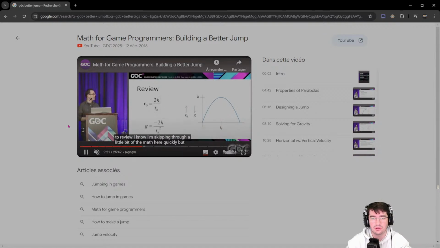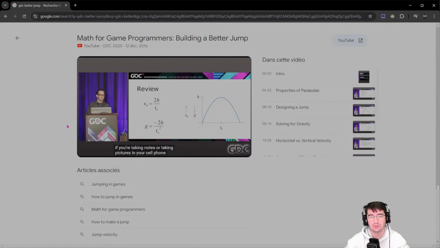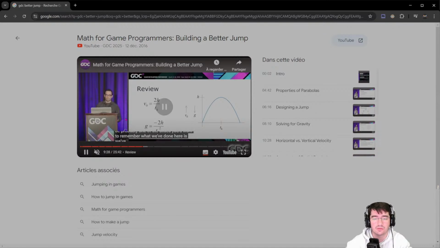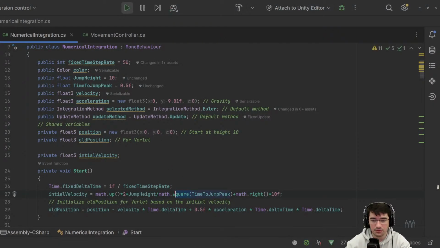v0 is 2h over time, and gravity. So I'm not applying the correct gravity. That's why. So 2h over time, that's good, so I don't need to square that.